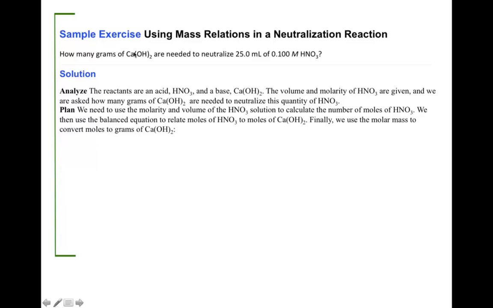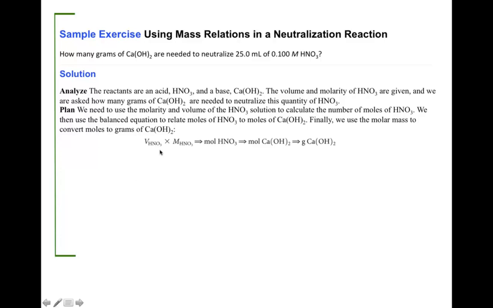To do that, we need to look at the balanced equation, in a way to obtain that ratio between the moles of both of them in this neutralization reaction. And then once we have the moles of calcium hydroxide, we can calculate the grams of calcium hydroxide by using the molar mass of calcium hydroxide.